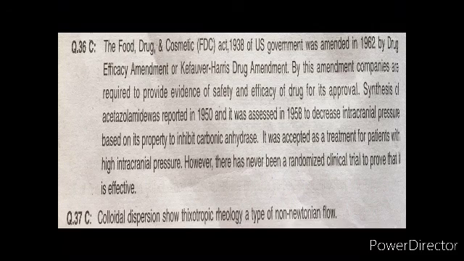intracranial pressure? Now the FDC Act of the US government was amended in 1962, and by this the companies are required to provide evidence of safety and efficacy of the drug for its approval. Now out of the 4 options given, acetazolamide was synthesized and reported in 1950.